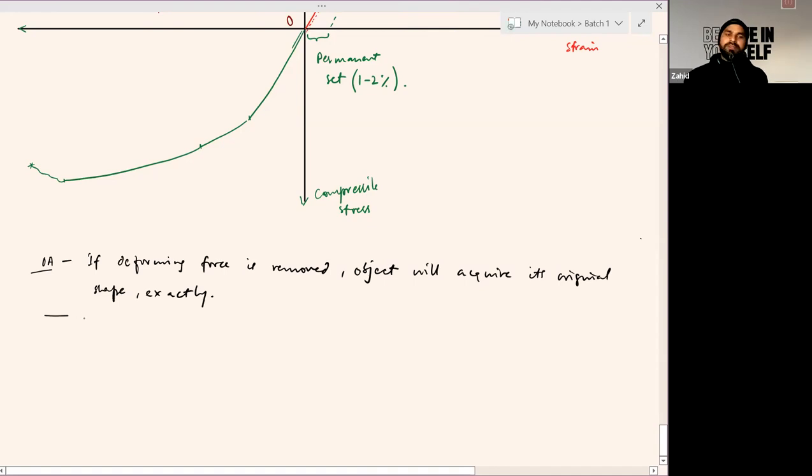Within this region, Hooke's law will be valid. So this may be called the elastic limit.